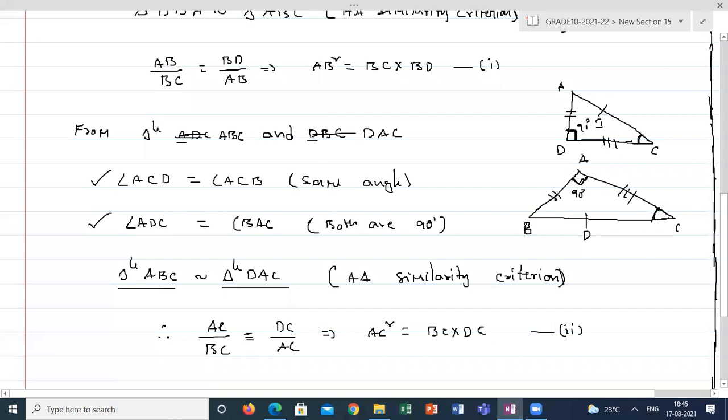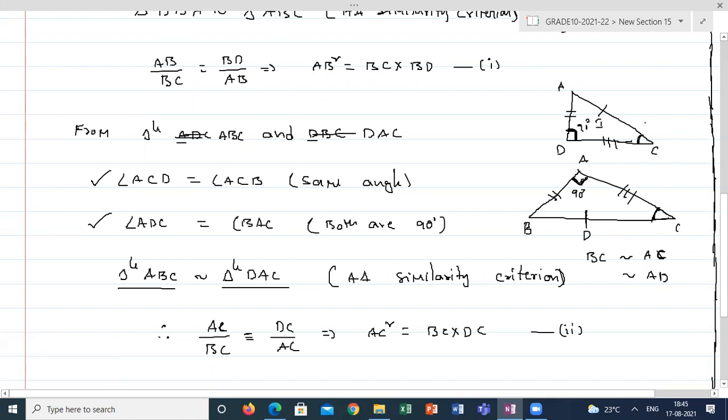So the corresponding side, see, I'm saying the side which is opposite to 90 degrees is AC, the side which is opposite to 90 degrees in ABC is BC. So my BC is corresponding to AC. Are you clear on this step? Yes, sir. The side opposite to C is AD.